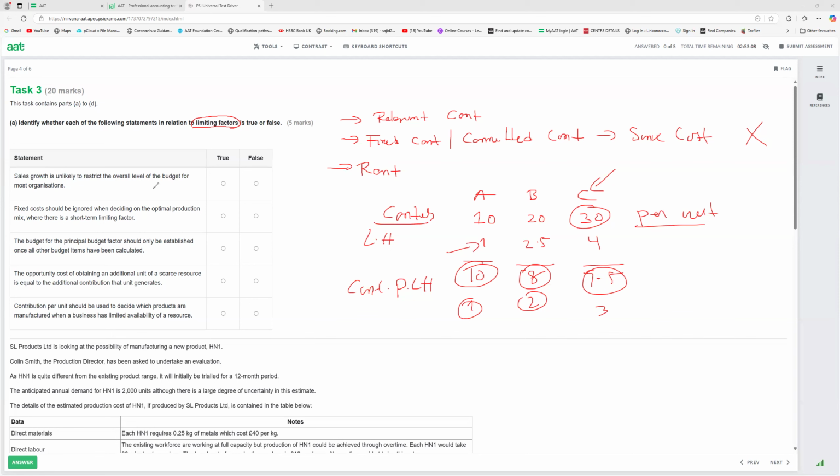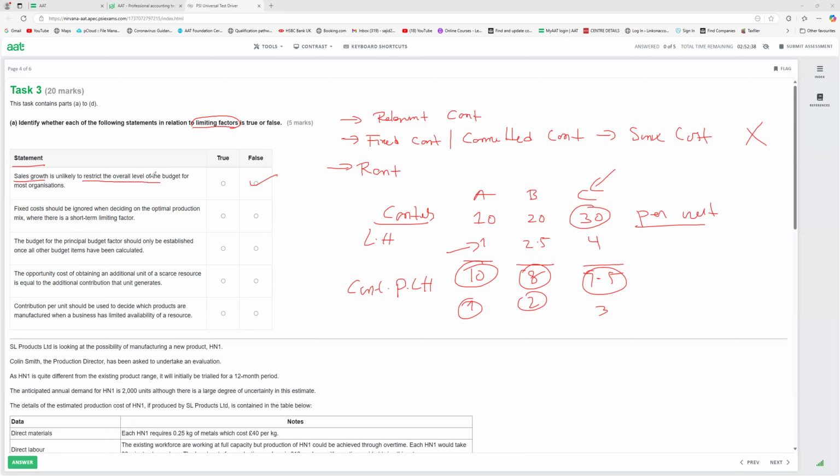Now let's go back to the question and look at this statement and say whether it is true or false. The first one says: sales growth is unlikely to restrict the overall level of the budget for most organizations. This cannot be true. This is definitely false, because sales growth can restrict the overall level of the budget.